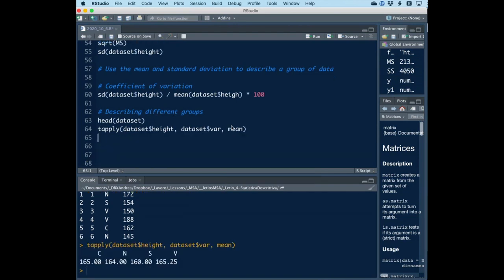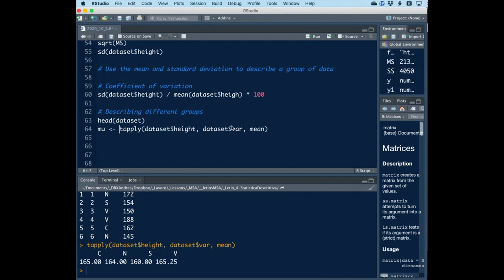Here, what we get, we have 4 groups, 4 genotypes, C, N, S, V, and we have the means for the groups. So I write mu. Well, this is the Greek letter, and it should be pronounced mi, but I'm very used to saying mu.